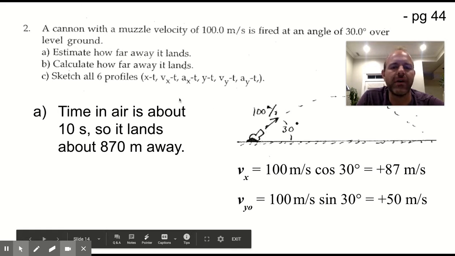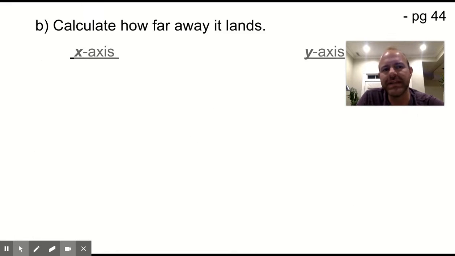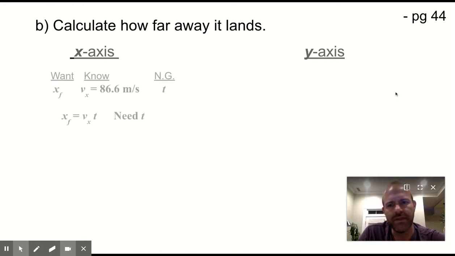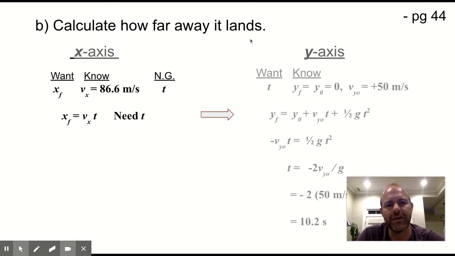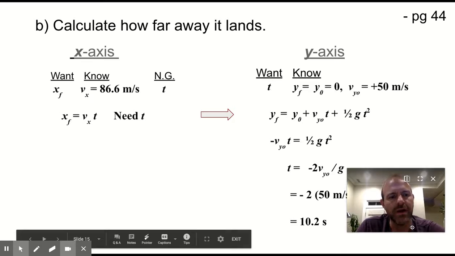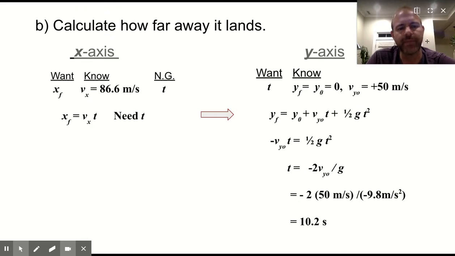Now that we have this already estimated, it should be pretty easy to figure out the solution because we know that in the x direction, we have a velocity. We know we want to know the final position. We're not given time. Similarly to the last problem, we want to find that time variable in the y direction. There's lots there that we can look at, right?